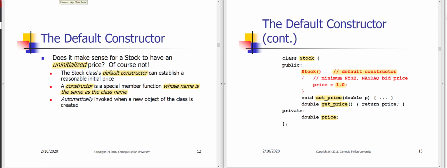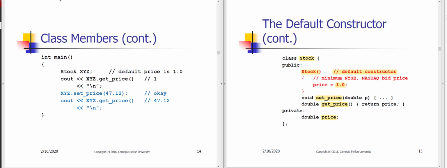Okay, so let's take a look at our application on slide 14. Now, when we declare that XYZ is a stock, memory gets allocated for XYZ. Within that memory is this price double, and that price double now is initialized to 1.0 by default rather than being uninitialized garbage.